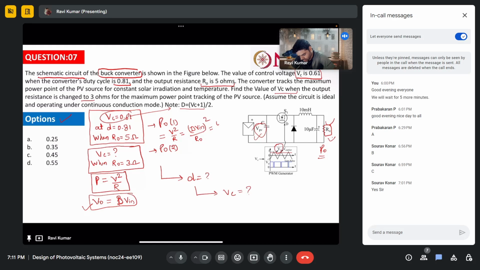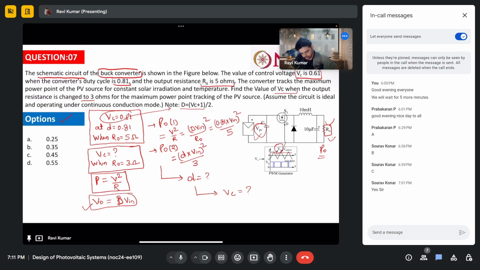D is already given, 0.81, into V input square divided by 5. So this is the one equation. Another one is D into V input square divided by 3, because in the second case our R naught will be 3.